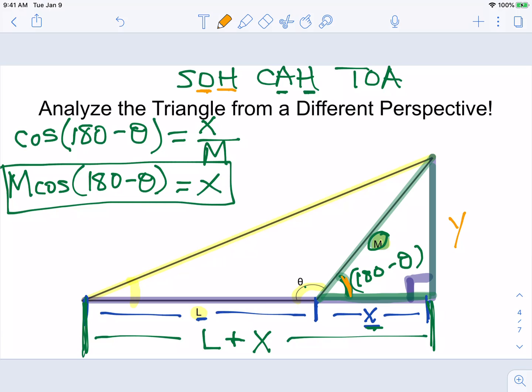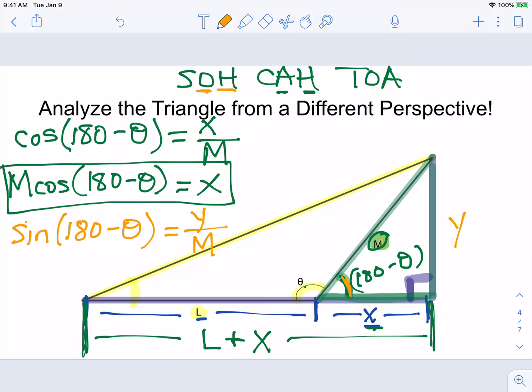That's my sine function. So then I can say the sine of my angle, which again, 180 degrees minus theta is the angle that I'm showing in that triangle, is equal to opposite, which I'm generically calling y, divided by the hypotenuse, which I've designated as M.